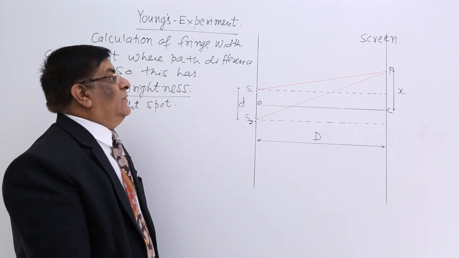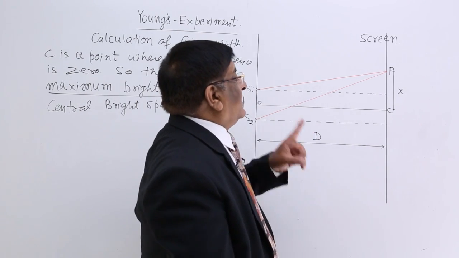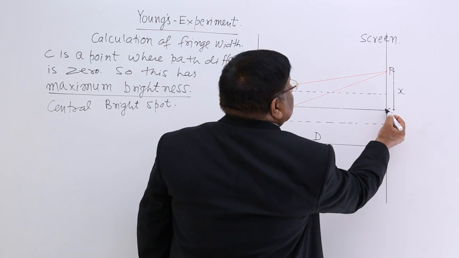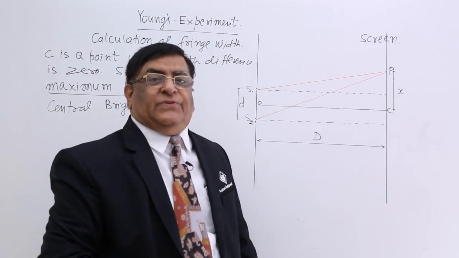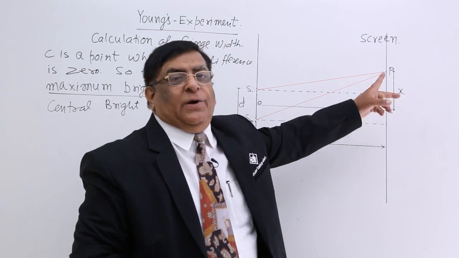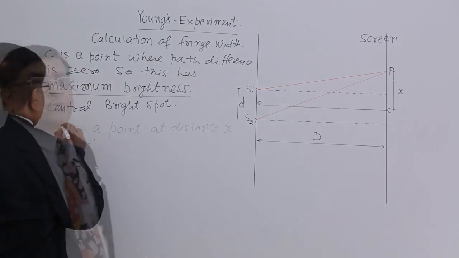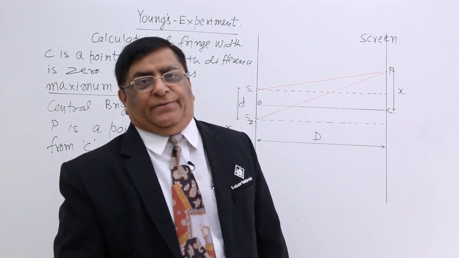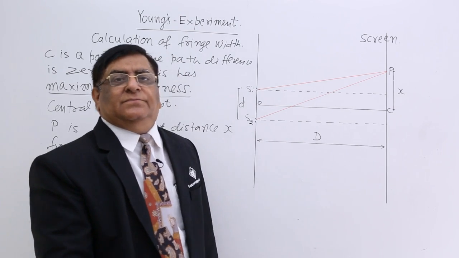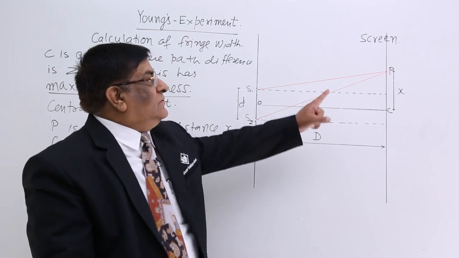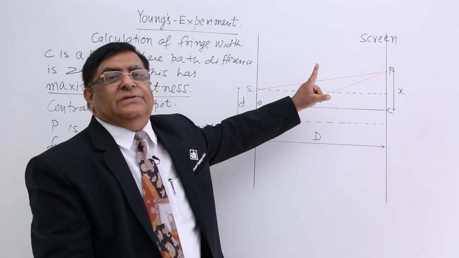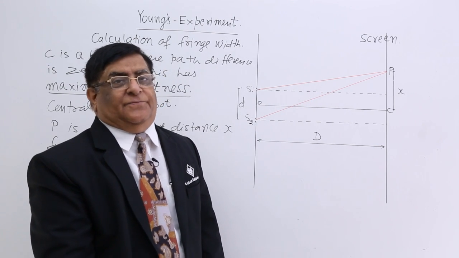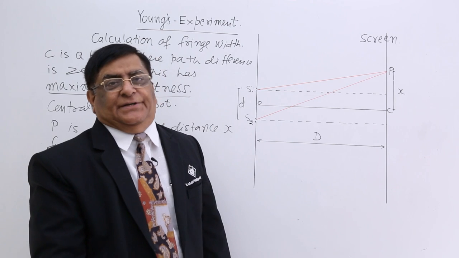Okay. Now, if this is the central bright spot, what should be the brightness at point P, which is at distance x from C? We have to find out the brightness at this point. How can we find out? We can find the path difference at point P. If we can find the path difference, then we know the conditions.